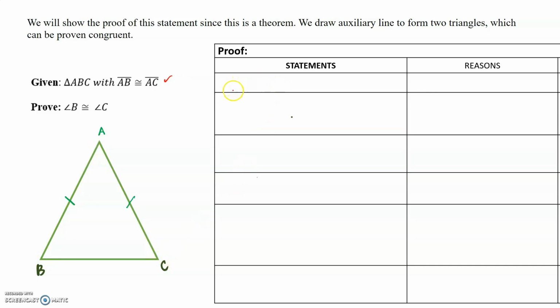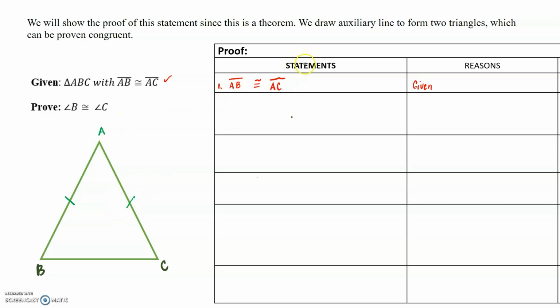So that will be side AB is congruent to side AC. And our reason for that, of course, is given.